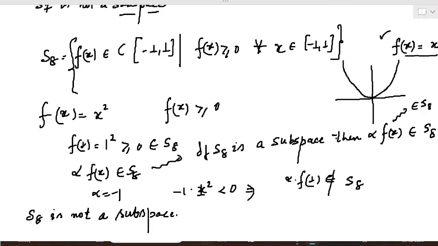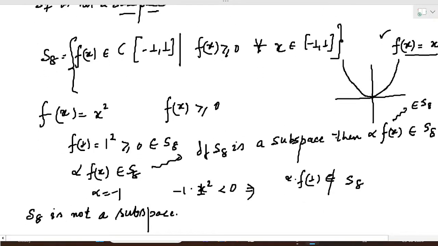Okay, so yesterday we were doing something called a span, if you remember. Just to recollect, what is a span? Span is all possible linear combinations. So I will just write what span was.